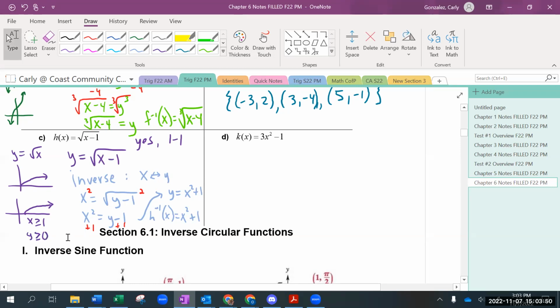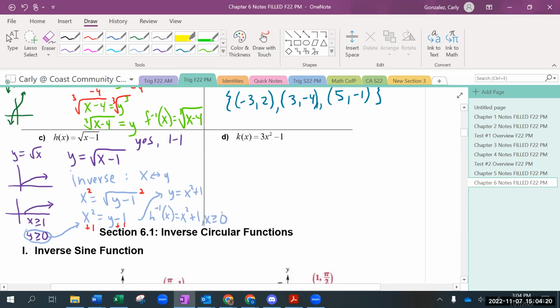But in order to use any of this information about the original function for the inverse, I'm really wanting to focus on x of my inverse. But x in my inverse corresponds to y from the original function. So I will switch my y to x and get that x must be greater than or equal to 0.